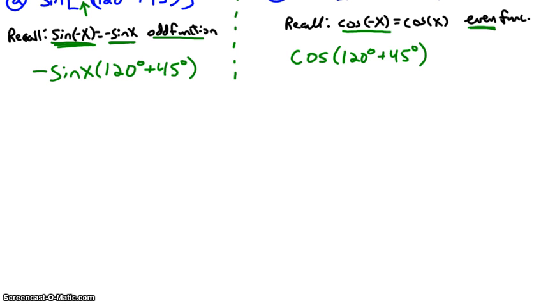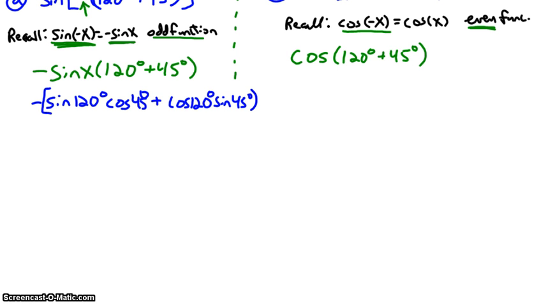and use my formulas. So I have a negative sine of 120 degrees, cosine of 45 degrees. And from that, I'm going to add a cosine of 120 degrees, sine of 45 degrees.